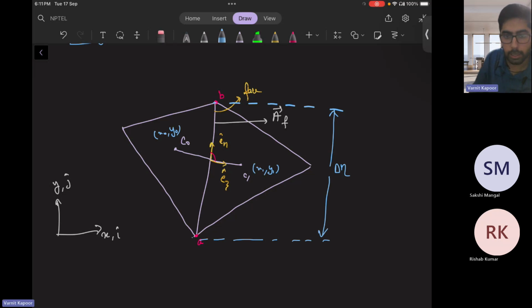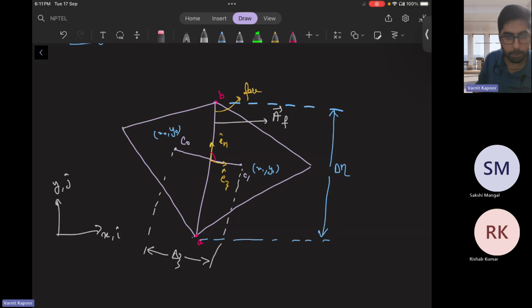And this will be delta zeta. This is your direction for delta zeta. Okay, this is your delta zeta.